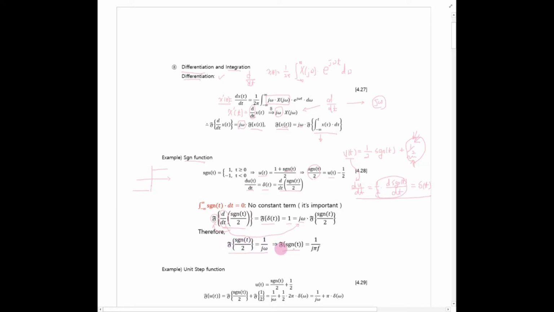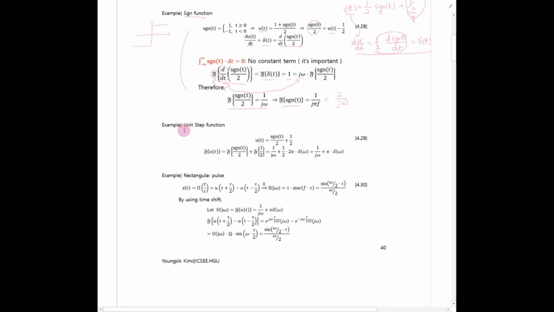Then the sign function is given this way, 2 over j omega. If you replace omega with 2 pi f, then you get this result. So we talked about the Fourier transform of the sign function here. To derive that one, we used the differentiation property.